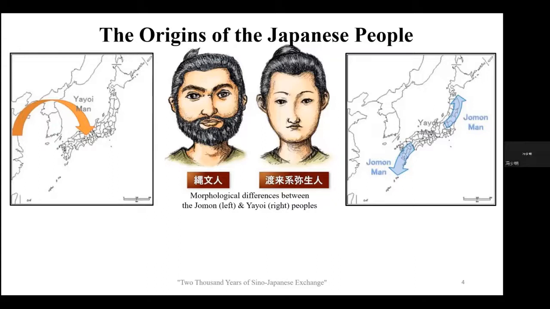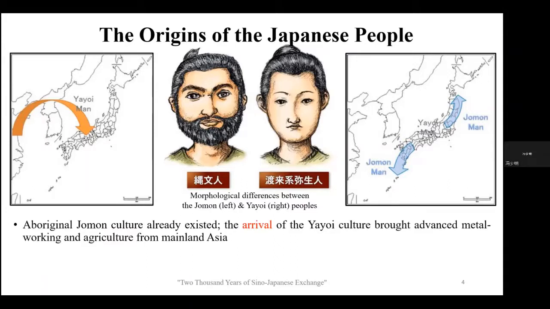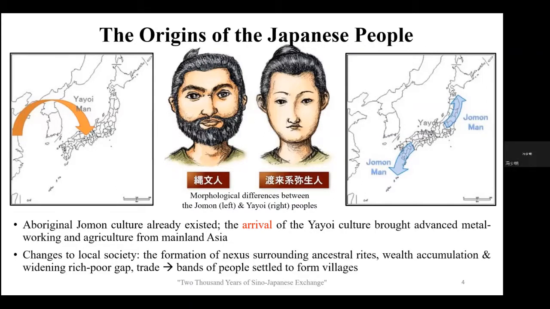And these peoples came actually from the Asian landmass, which is primarily of Mongol, Chinese, or Korean descent, and they crossed the ocean towards Japan. So this original Aboriginal Jomon culture already existed, but with the arrival of these Yayoi people from the mainland, it brought a lot of advanced metalworking and agricultural techniques. So there was a great advancement in technology.